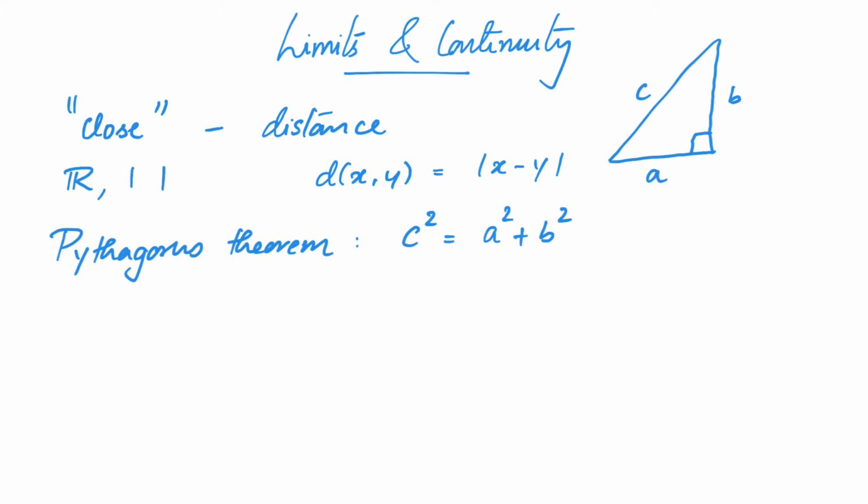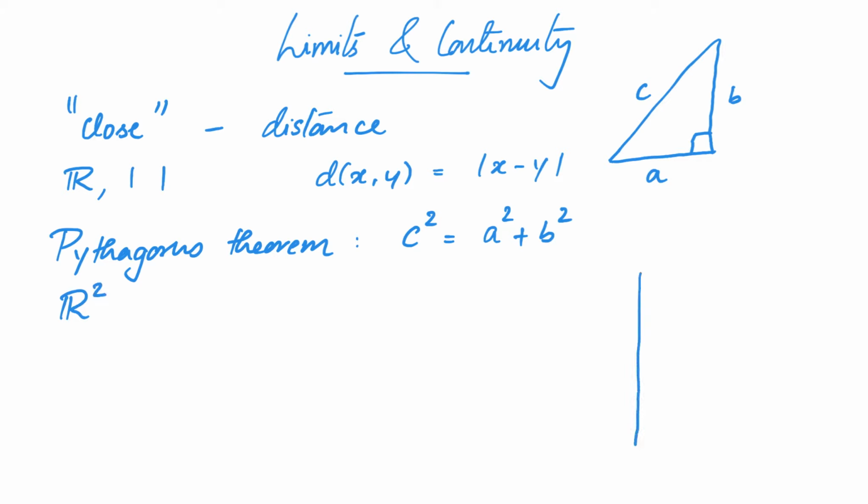Or it is sometimes stated as the square of the hypotenuse is equal to the sum of the squares of the other two sides. This idea can be used to find the length of vectors in R2.